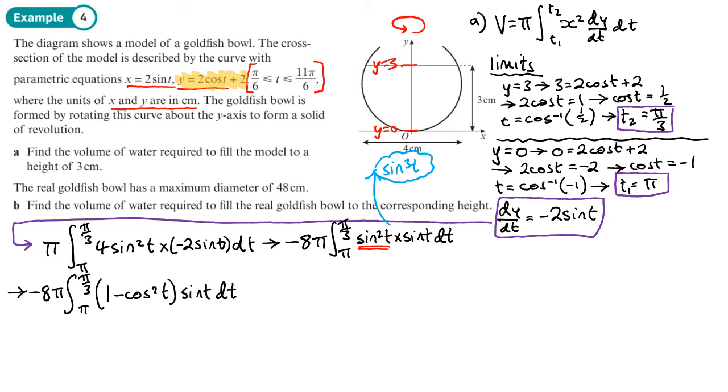Now to integrate this, I'm going to use substitution. I want you to focus on this bit, and I'll do the substitution down here. Now in my substitution, I'm going to make u equal to cos t, which means that du dt is minus sine t, which then means that dt is equal to du over minus sine t.